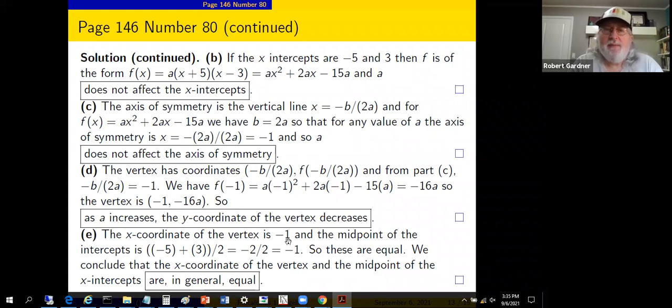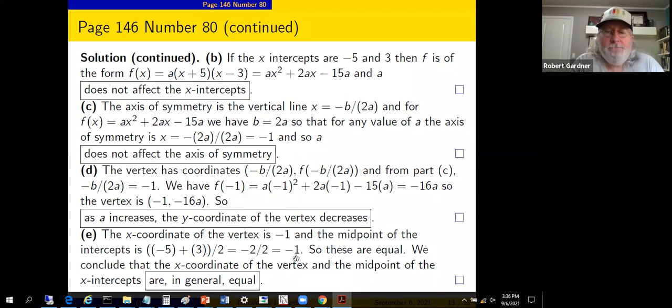The x-intercepts were -5 and 3. We had that from the given information. They wanted the midpoint of the intercepts, so we just add those together and divide by 2. We get -1 as the midpoint of those two intercepts. -1 comma 0, if you want to express it as a point. Hey, they're the same.